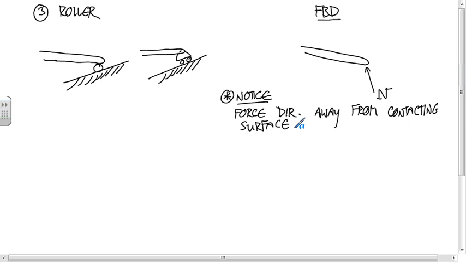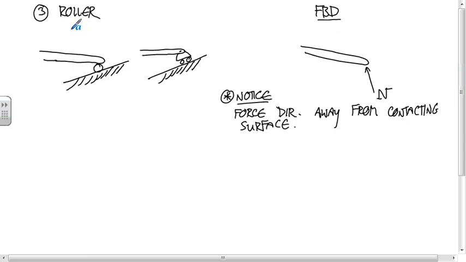Okay. How many variables? Always what we're trying to do is come up with a system of equations that we can solve for a number of variables. How many variables are brought into a problem by any of these three joints? No. So if you have a roller joint or a pin in a slot or a frictionless contact, how many variables does that bring up?